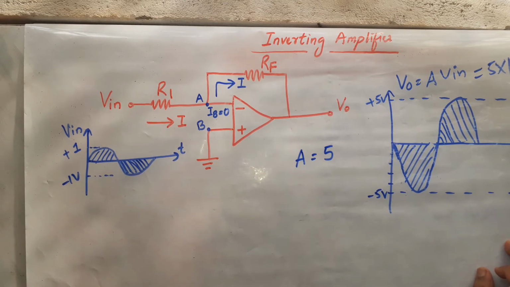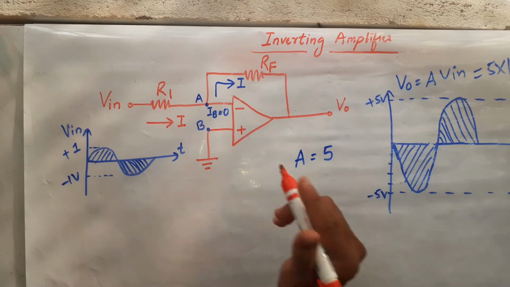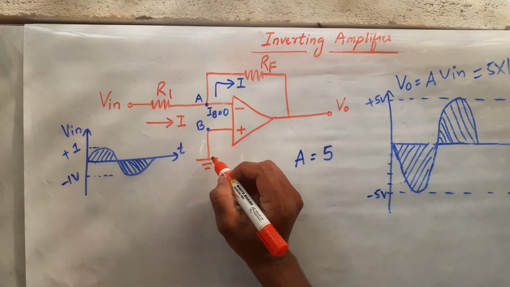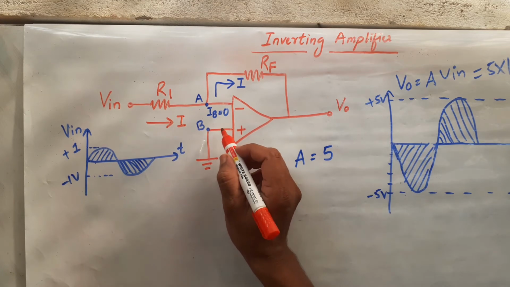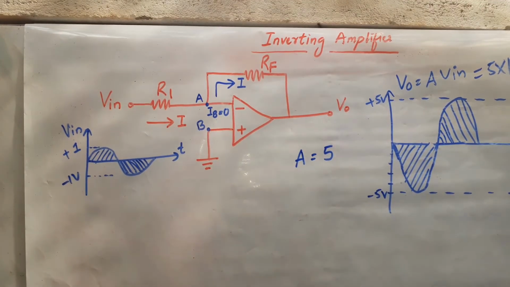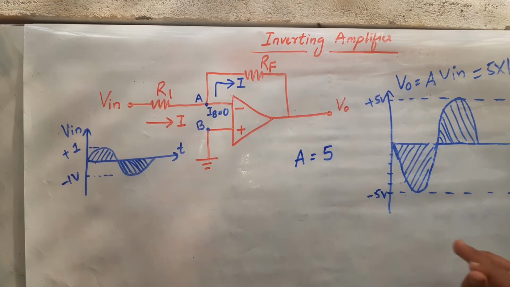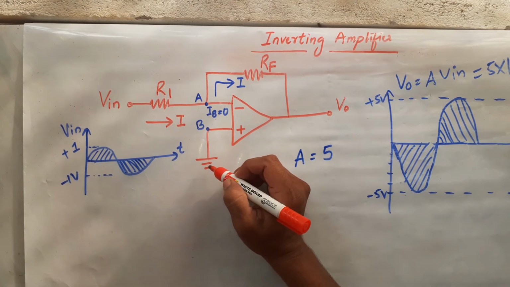virtual ground. There is a concept called virtual ground, where we assume that if any one of the terminals of op amp is connected to ground, then the other one is also at the same ground potential, that is 0 volts. Anything connected to ground means it is at 0 volts, right?